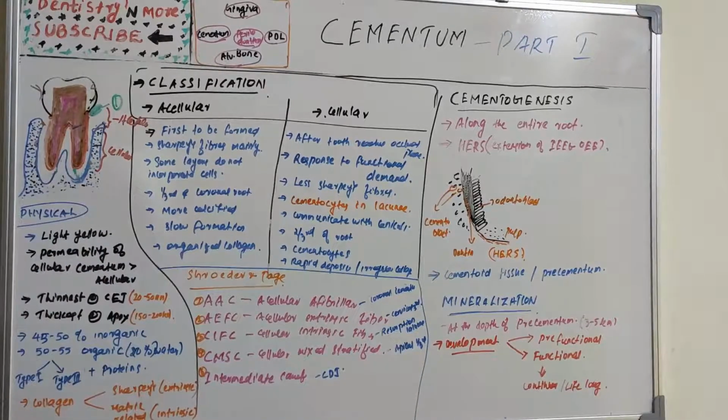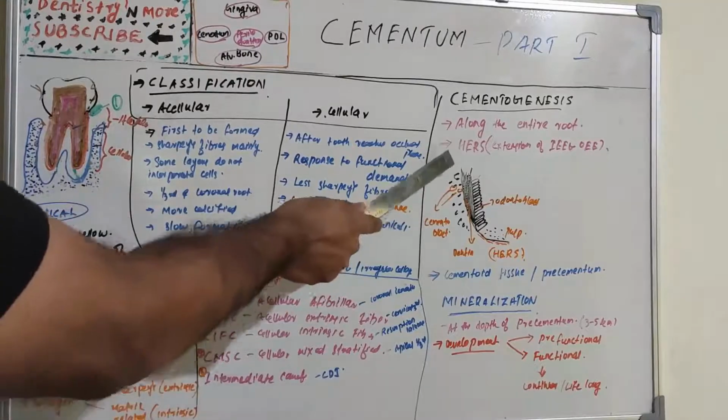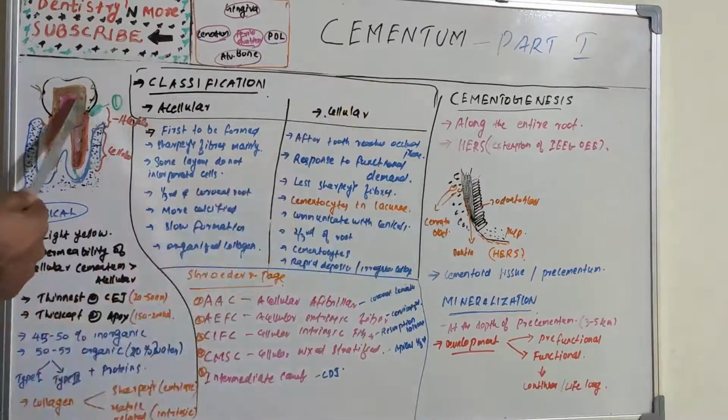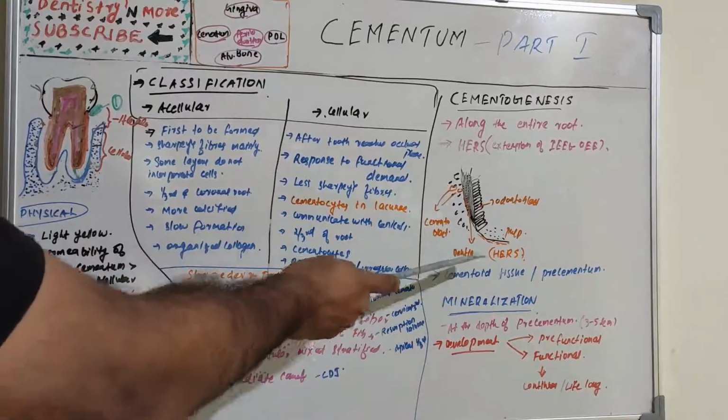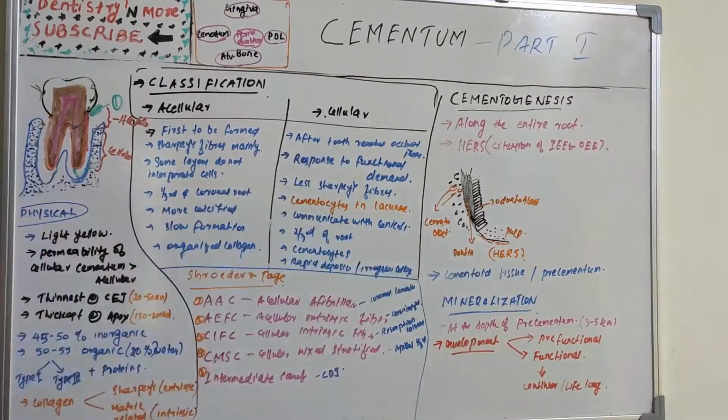So cementum formation takes place along the root. Okay, so this is a root portion, so it takes place along the entire root. At the advancing root edge, Hertwig's epithelial root sheath, or HERS, is formed. At the advanced bell stage, collapsing of the stratum intermedium happens, and both the outer enamel epithelium and inner enamel epithelium approximate and become Hertwig's epithelial root sheath.